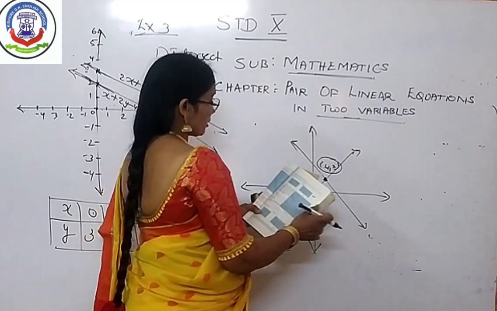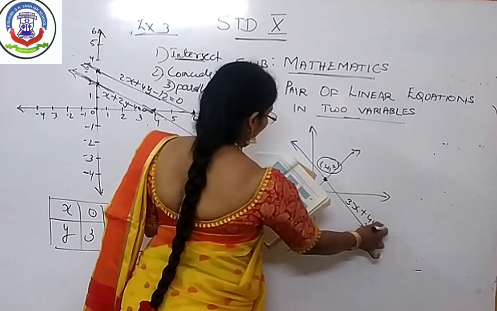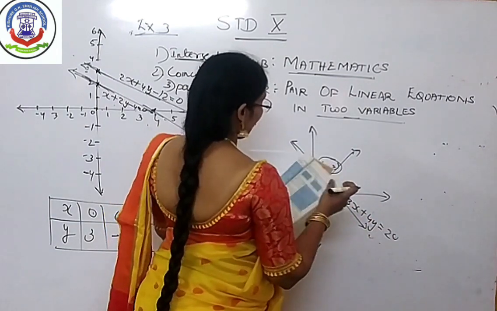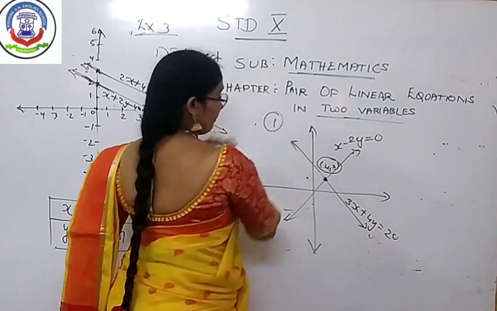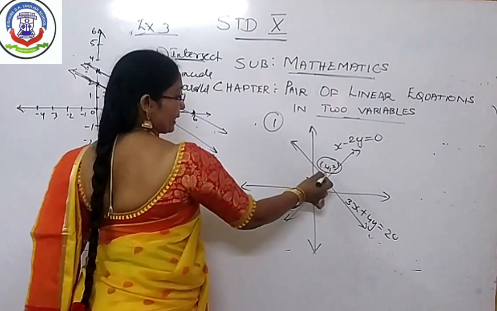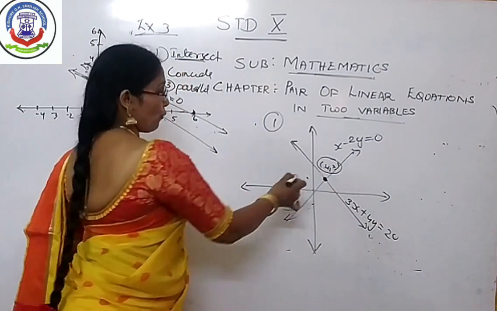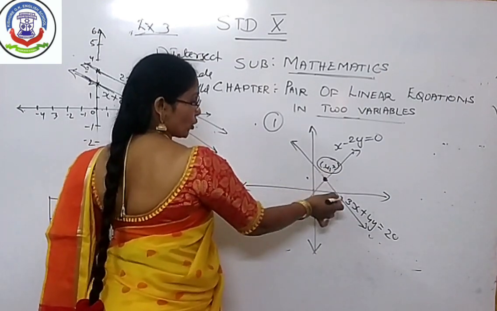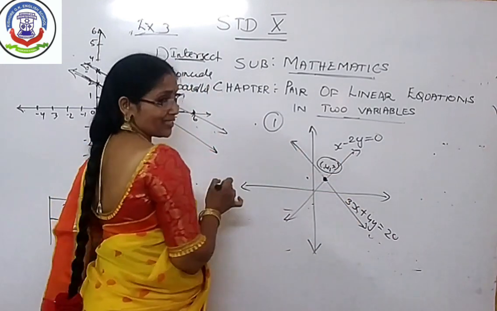Which are the 2 equations? One was 3x plus 4y equal to 20. Another one is x minus 2y equal to 0. Your example number 1. In this case the lines intersect at the point 4, 2. So 4 and 2 are the common solution for this equation as well as this one.